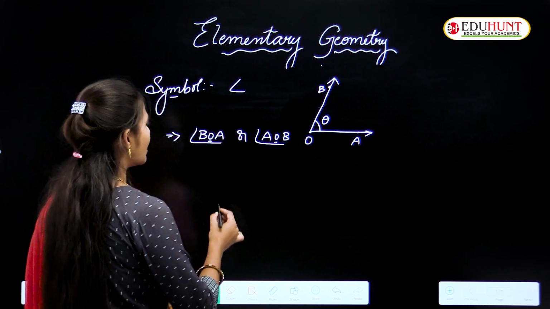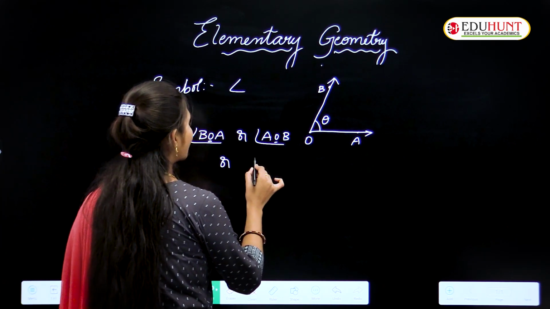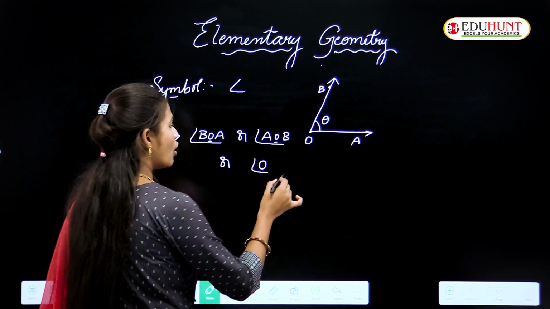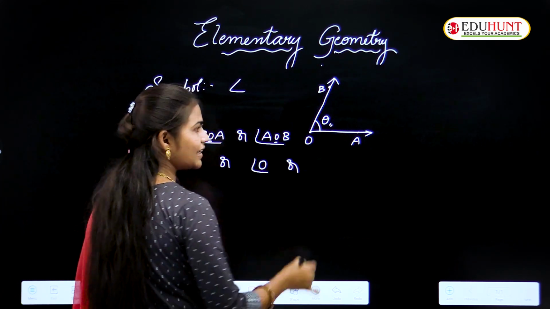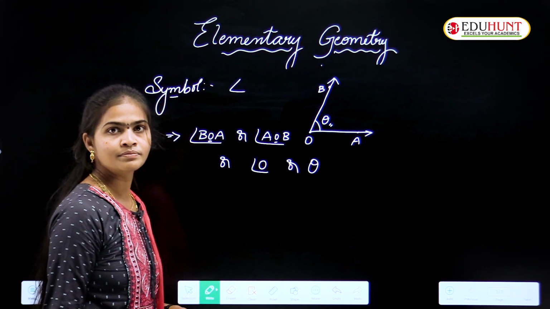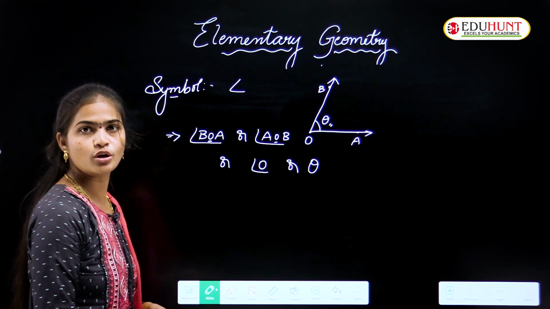Another way also: directly we can write angle O. Or else, since I took theta here, theta is also an angle, so that is also a representation of an angle.